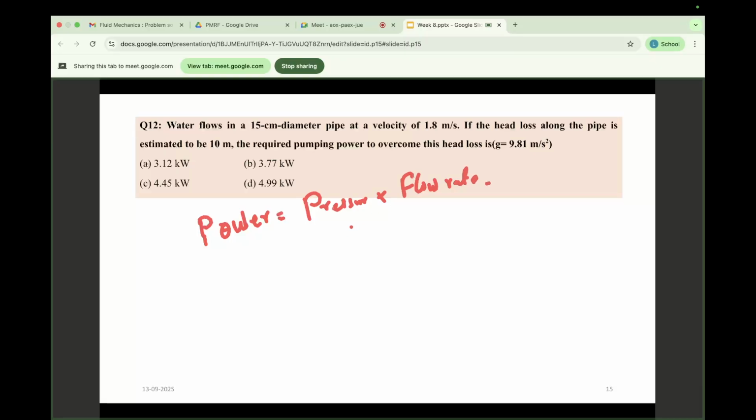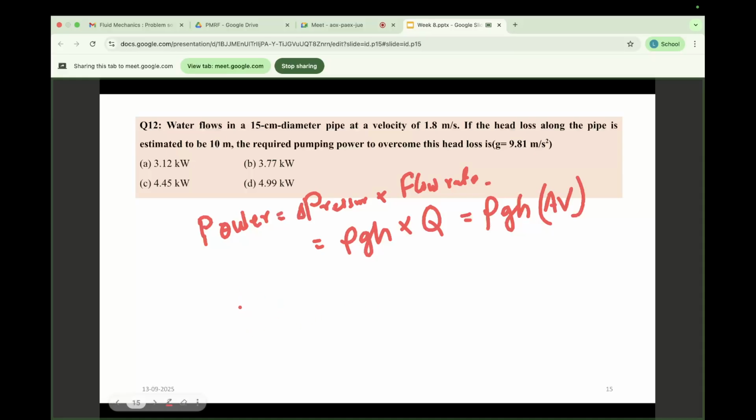This was the previous formula, where pressure means change in pressure, that means rho g H, into flow rate Q. Q means A into V, which you can also use. This is the formula which we have studied previously, right?